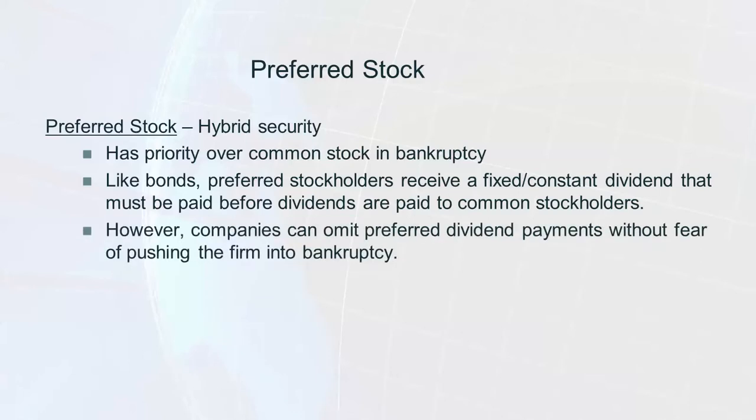However, companies can stop paying preferred stock dividends without fear of going bankrupt. However, if they start paying dividends, they have to pay preferred stock before they start paying dividends to common stockholders. We can use the constant growth model to find the preferred stock price.